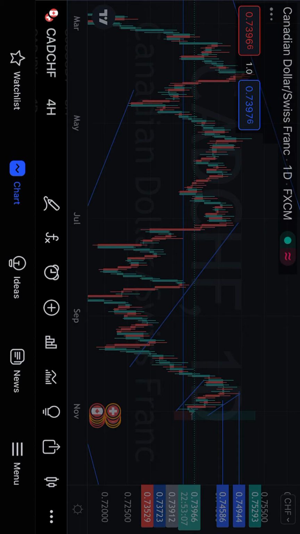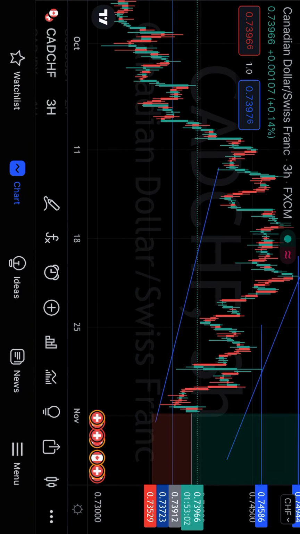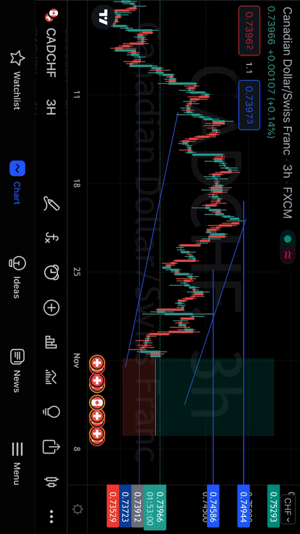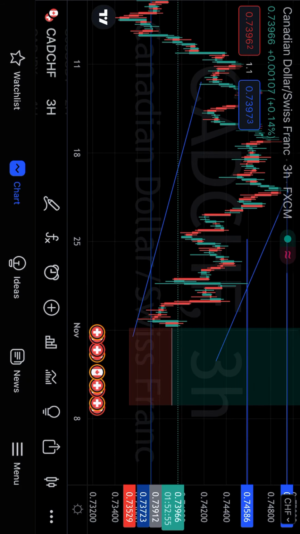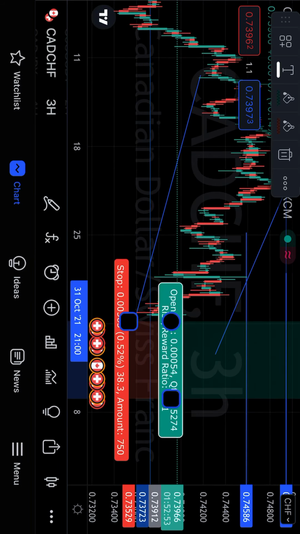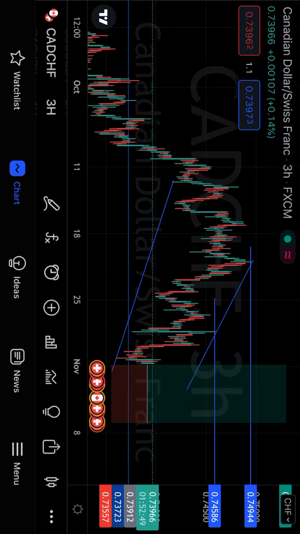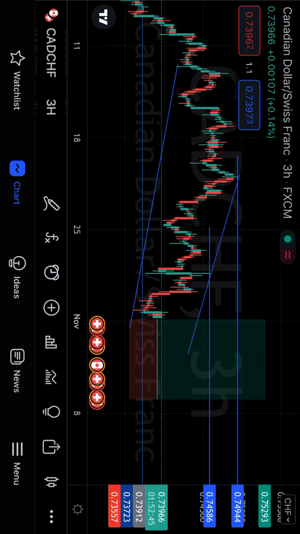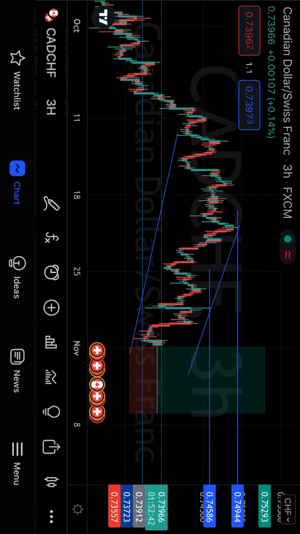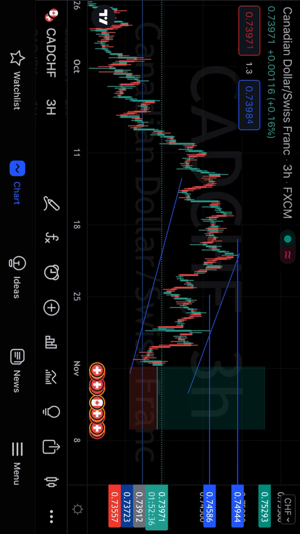On the lower time frame, such as the 3 hours time frame, we see this pattern here, this wedge pattern or this flag pattern. Whatever you call it, it's still a continuation pattern. So this flag pattern here signifies that price has to move up. It has to go up. Understand?